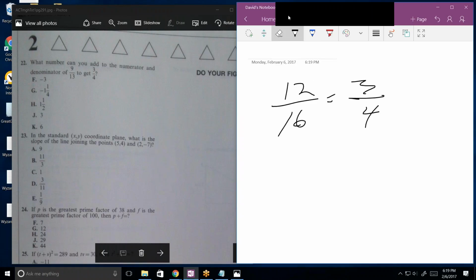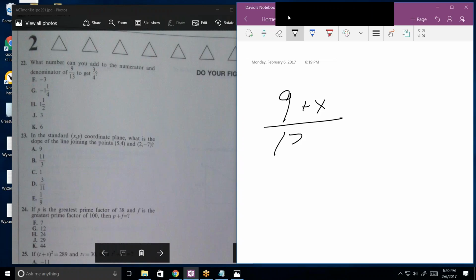Now, this problem is much easier solved by back solving like you did it than by algebraically attacking it. First of all, you've got to figure out how to algebraically attack it. I don't know how. Well, here's how you would do it. I'm going to add some number, which I'm going to call x, and now I just have to solve that for x, and I would get 3 as an answer.